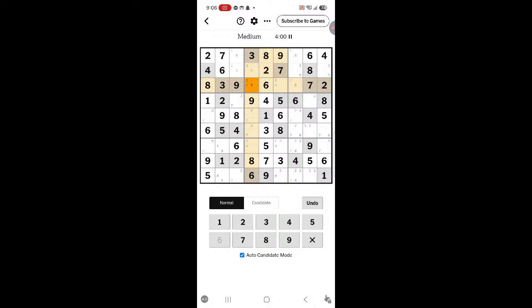Unknown. 7, 3, 7, 3 equals not 7, 3 row. Here's a 3. Equals 2, 1. My brain went too fast for my fingers.